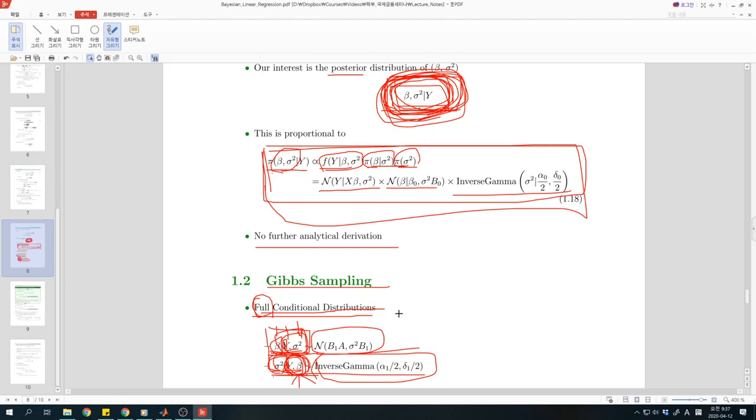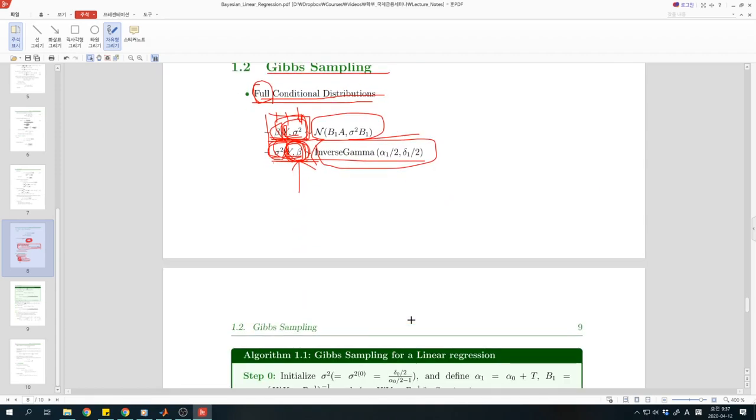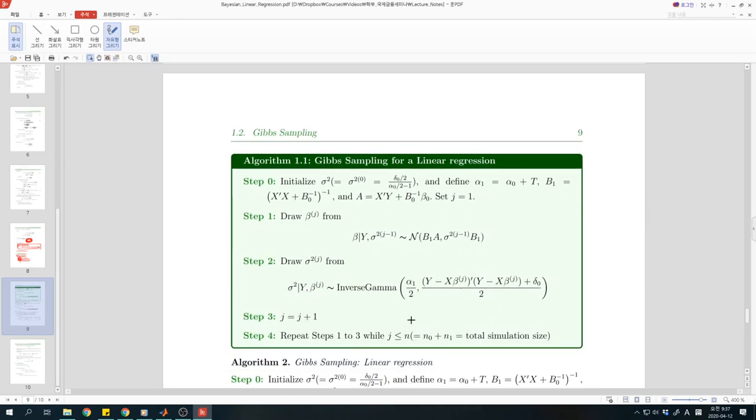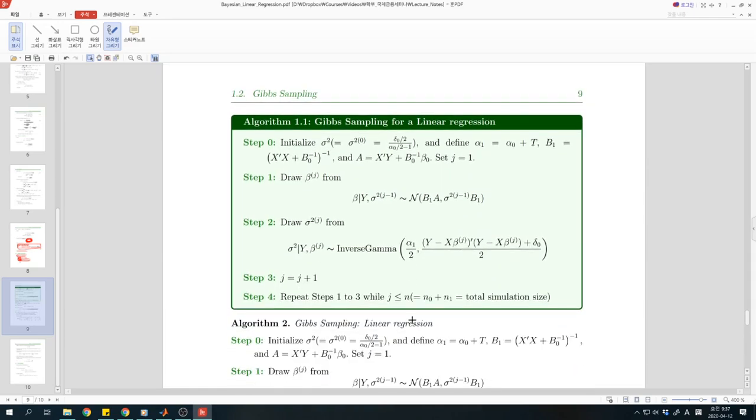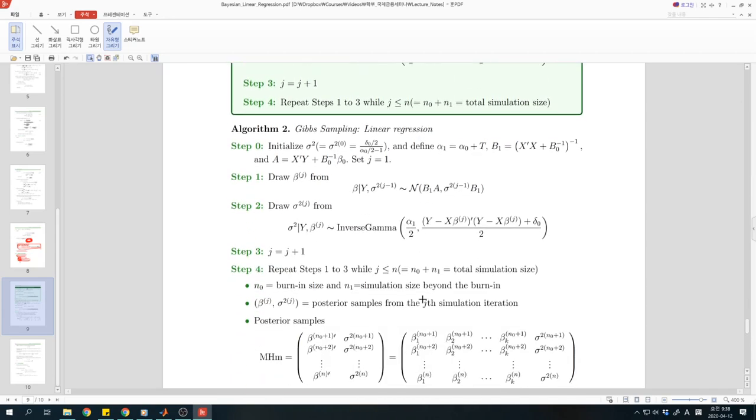I'm not going to prove this. You can learn the proof in the graduate program though. Okay, so this is Gibbs sampling. And we are going to do this in MATLAB.